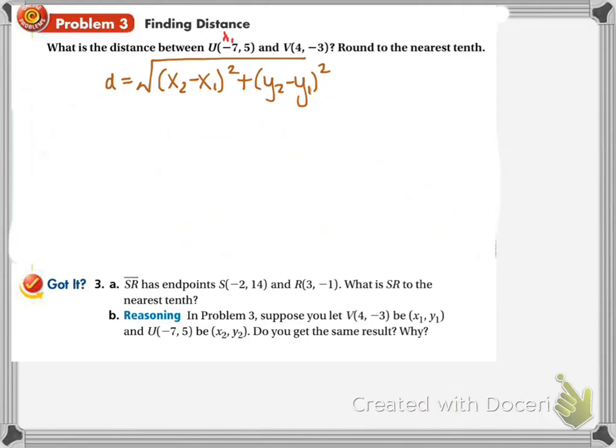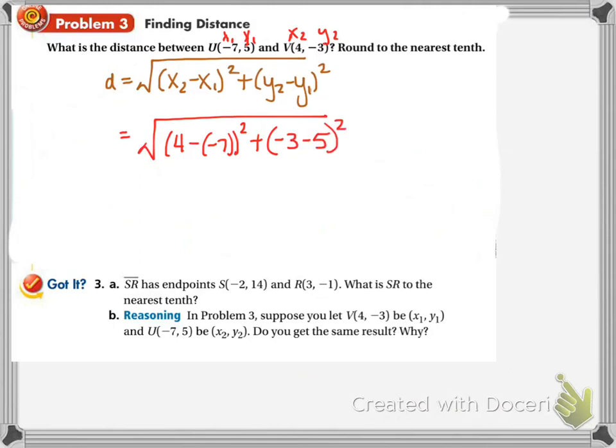So we'll just go in order, x1, y1, x2, y2. So distance equals the square root, x2 is 4, x1 is negative 7, y2 is negative 3, minus y1 is 5, square that.